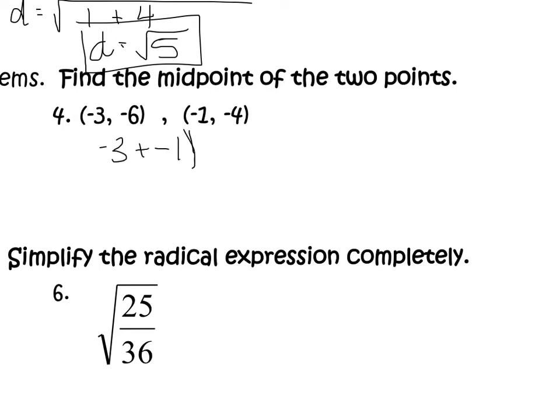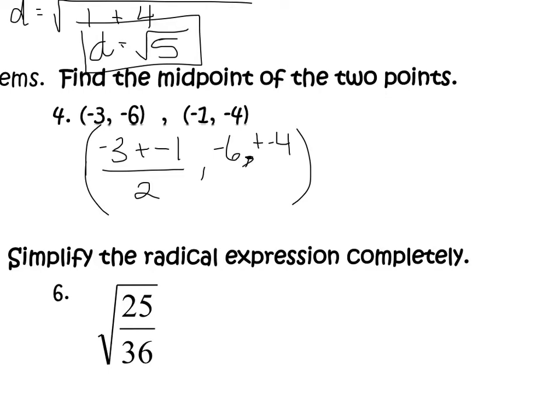Next one. Add up your x's. Remember to keep that negative in there. Over 2. You don't really need the parentheses there, don't worry about them. But you do need the parentheses around the whole thing because it's a point, so it has to be in coordinate form. Negative 6 plus negative 4. I don't know what I'm doing, putting all these extra things in there.